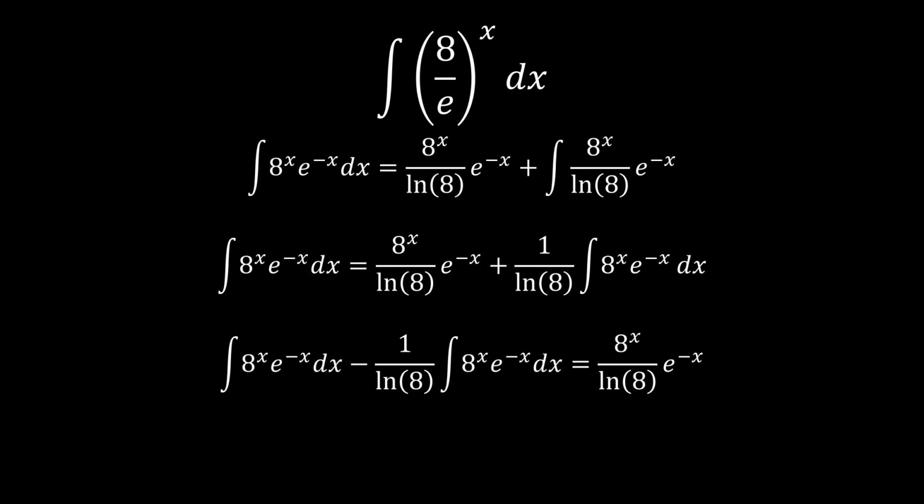If we keep going, what we see is if we pull out that constant 1 over the natural log of 8 on the right side, we have an integral with an integrand that's the same as what we were starting with. So let's take those two integrals and move them to the same side, to the left side of our equation, where essentially we have our original integral minus our original integral times 1 over the natural log of 8.